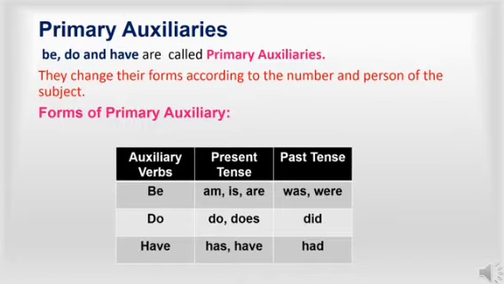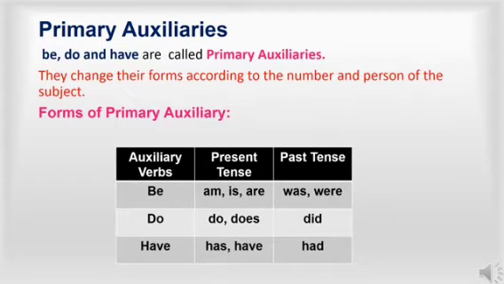They help to form the tenses, voices and moods of the main verbs. Be, do and have are called primary auxiliaries. What are primary auxiliaries? Be, do and have are called primary auxiliaries. They change their forms according to the number and person of the subject.